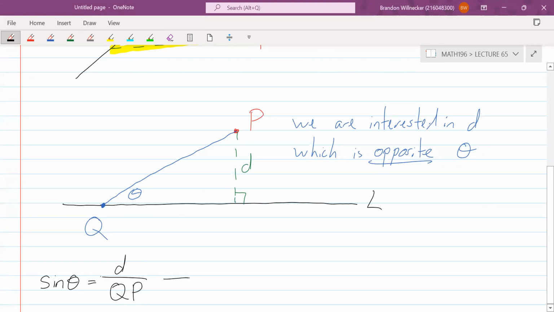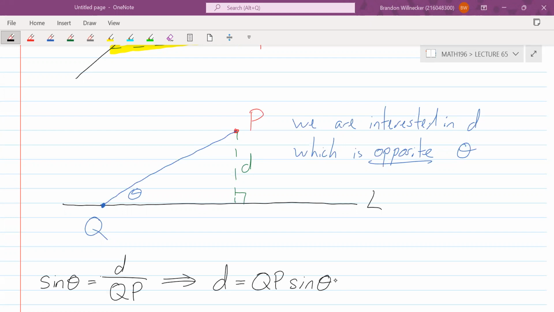Okay, a little bit of rearranging. We can write this as D is equal to QP sine theta. Okay, so if we know QP and we know the angle theta, then we can find this distance D.